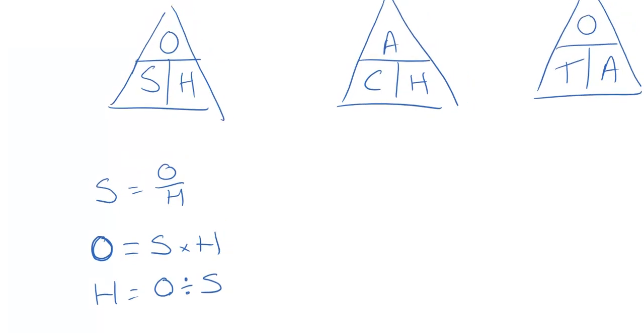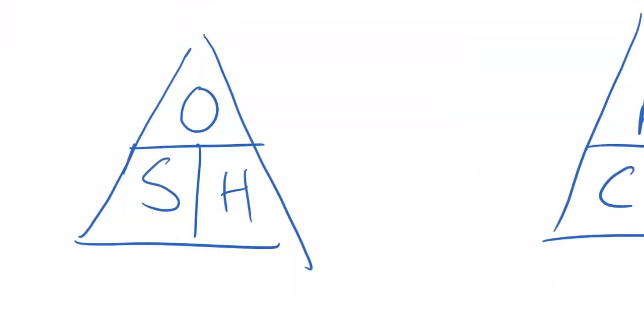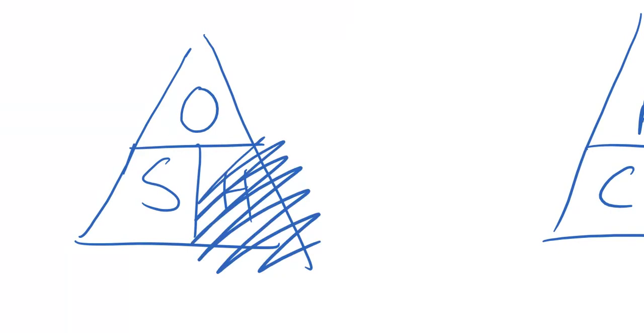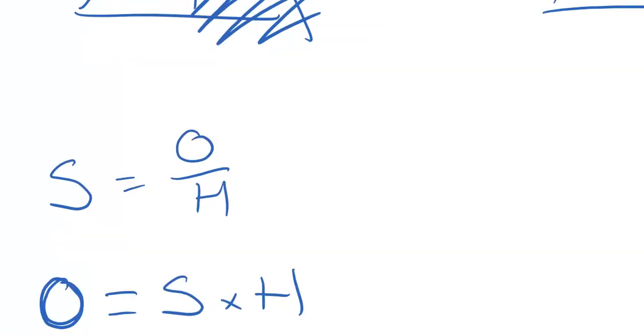A quick way of understanding that is if I was looking to find one of them, I could cover it up and it reveals what to do. So for example, if I wanted to find H, I cover up the H and I have one thing over the other thing. So it's like there is a little divide sign. One over the other means divide: opposite divided by the sine of the angle theta.